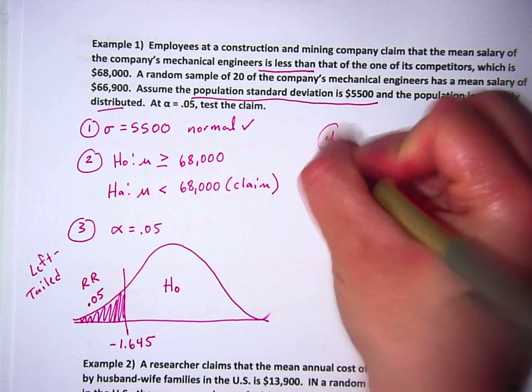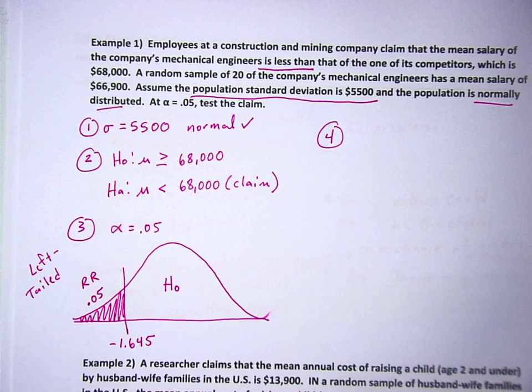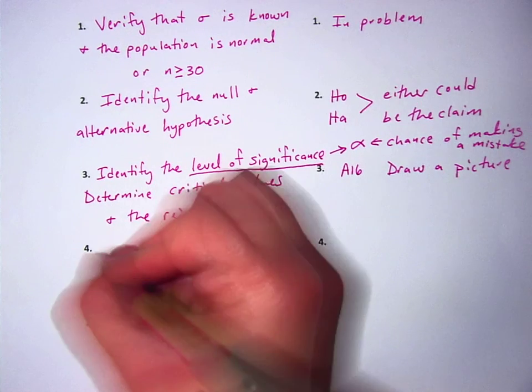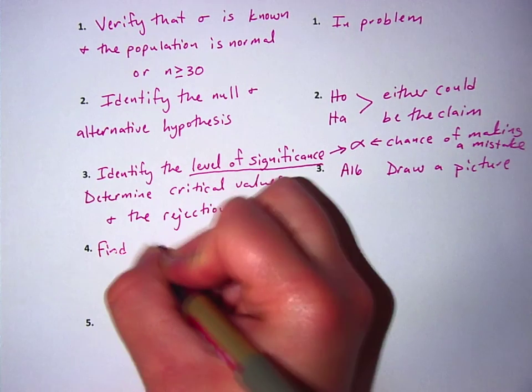All right, step 4. Step 4 is to find the standardized test statistic.